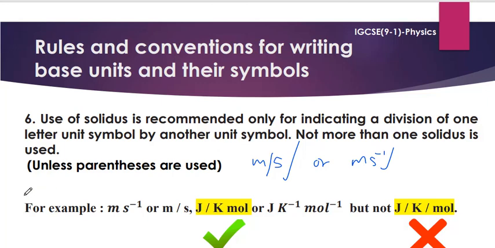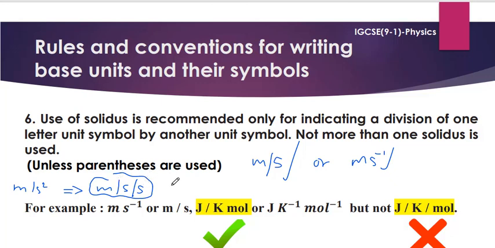Suppose you have meters per second squared, right? If you write this same thing, meters per second per second, in words it's correct, but when you're writing with two solidus, it's wrong, right? We can only use one solidus.